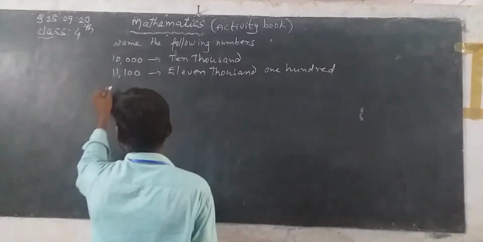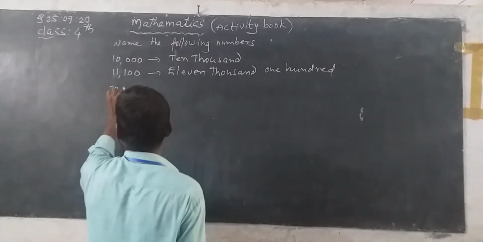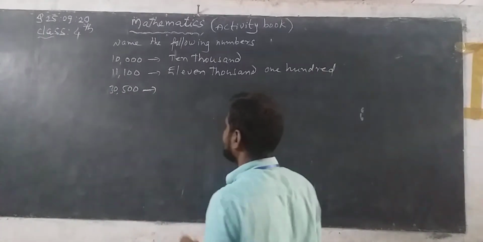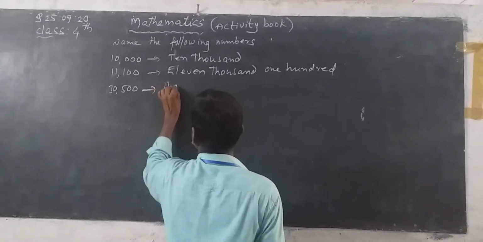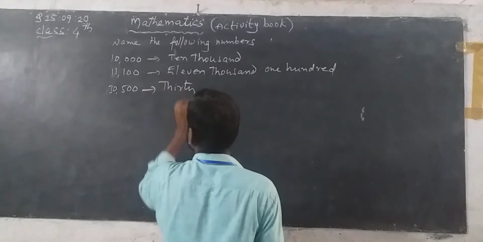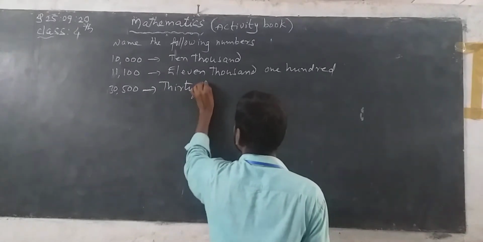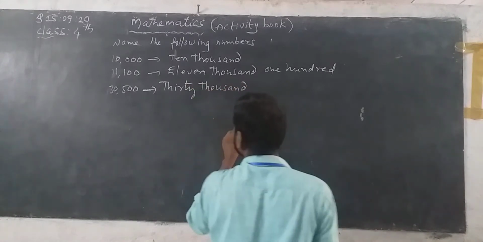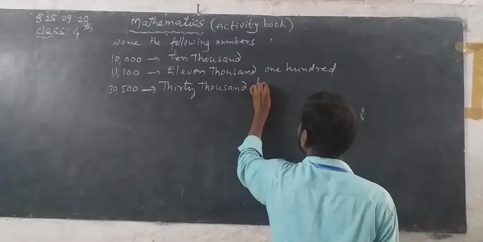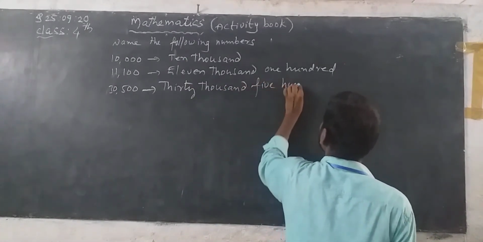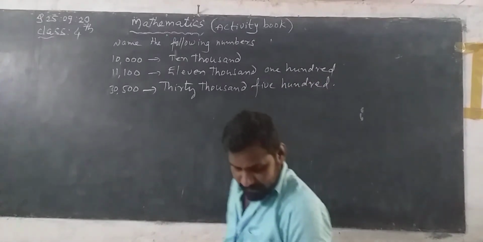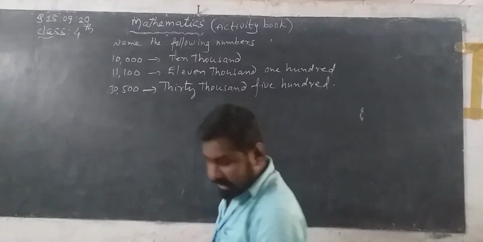Next, listen carefully. What is this? 30,500. Next, 40,709.